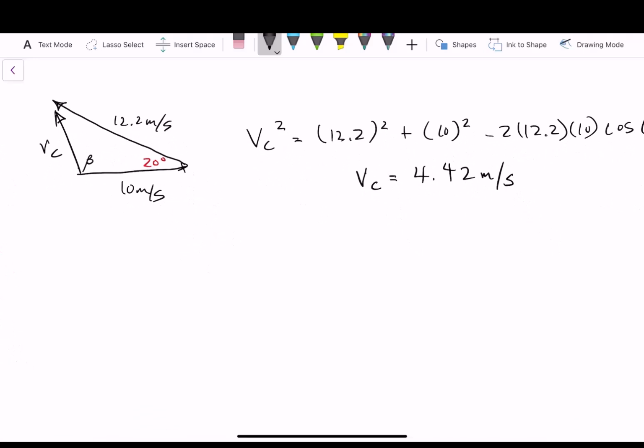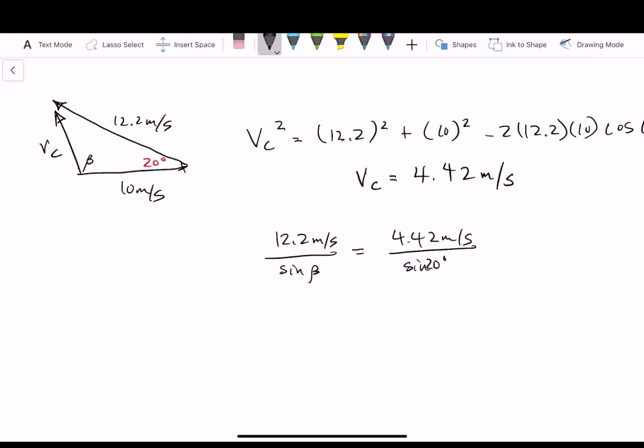So we can say that we are going to do 12.2 meters per second over the opposite, which is sine beta, the one we want to solve for, equals the 4.42 meters per second we just found, over the opposite angle there, sine 20 degrees.